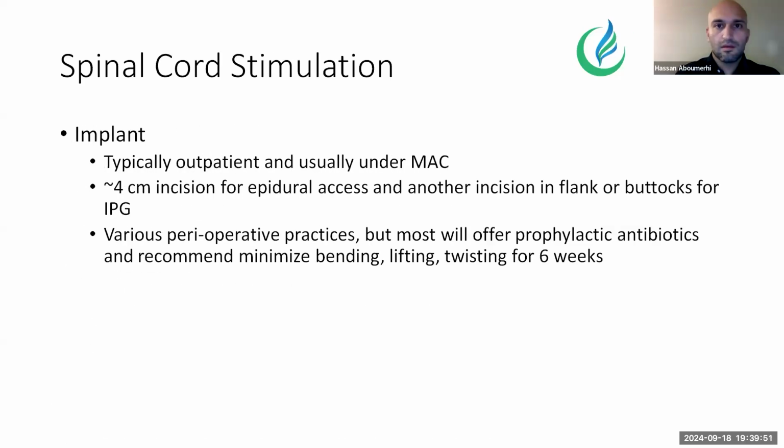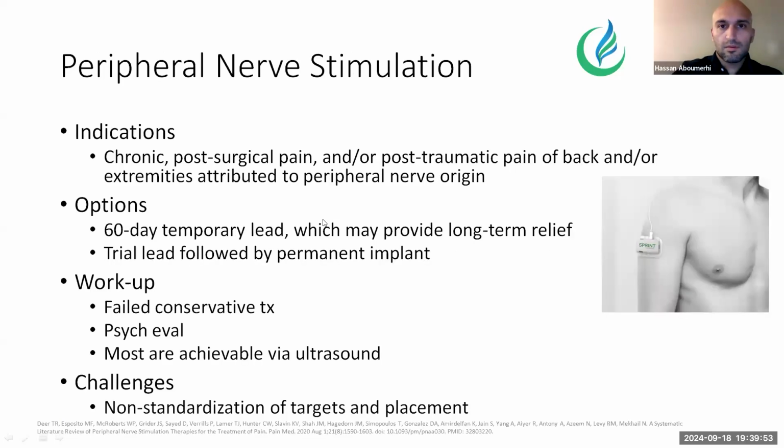Okay. So now we're going to move on to peripheral nerve stimulation. So here, we're talking about the use of an electrical lead, but instead of putting it in the spine, we're placing it over a target peripheral nerve to treat chronic pain. The indications are a little bit more vague in terms of definition, but that's also because there are so many different peripheral nerves in the body and so many different kinds of pain that can occur as a result.